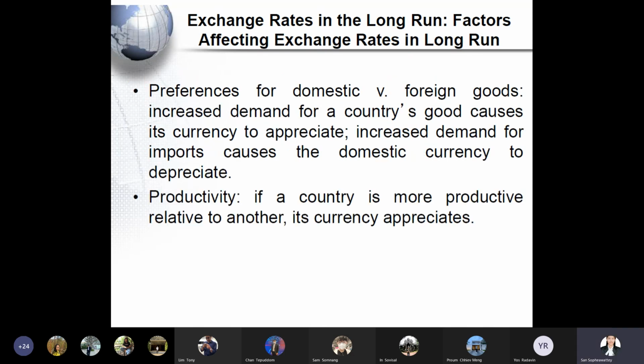The third factor that affects the exchange rate in the long run is the preference for domestic versus foreign goods.